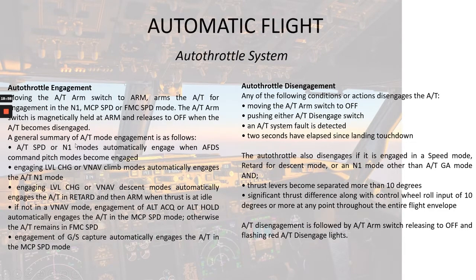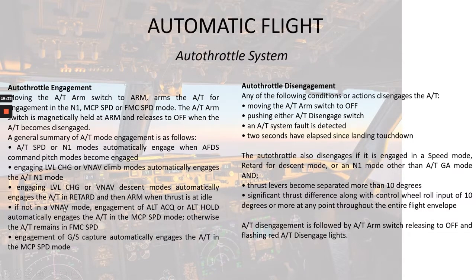A general summary of autothrottle mode engagement is as follows. Autothrottle speed or N1 modes automatically engage when AFDS command pitch modes become engaged. Engaging level change or VNAV climb modes automatically engages the autothrottle N1 mode. Engaging level change or VNAV descent modes automatically engages the autothrottle in retard and then arm when thrust is at idle.